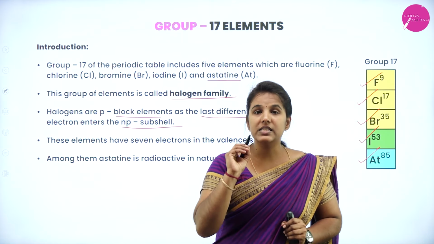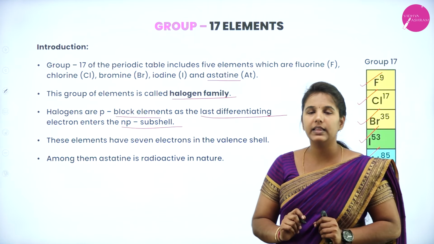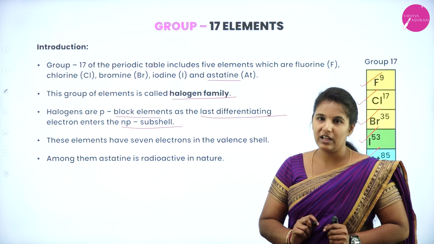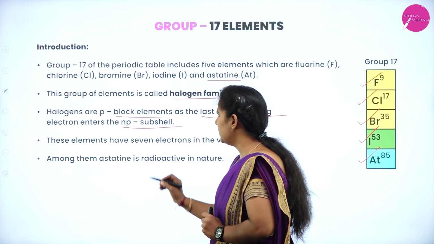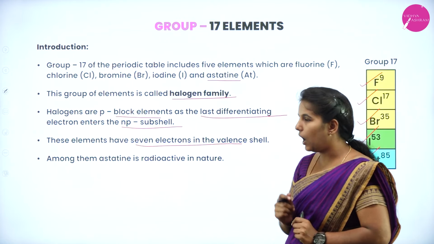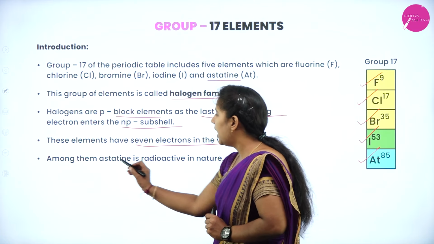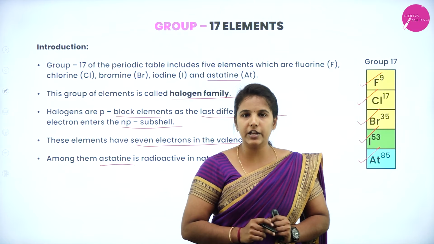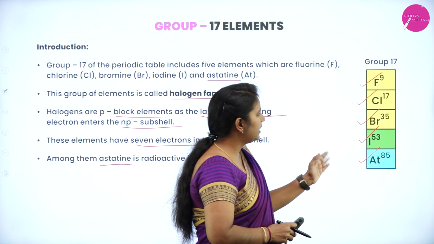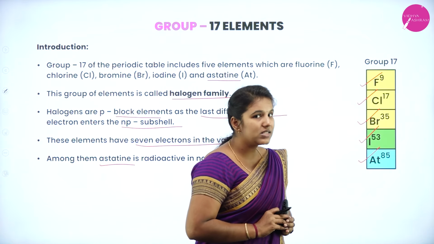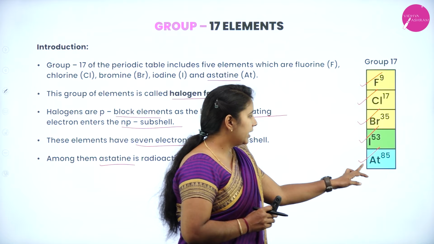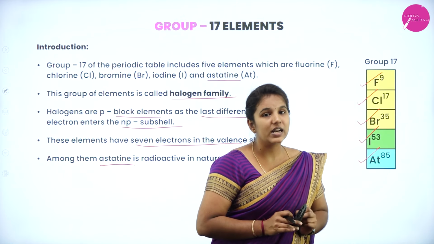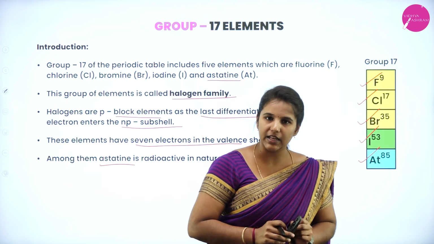And there are 7 electrons in the outermost shell. Okay, and these elements have 7 electrons in their outermost shell. Among them, astatine is radioactive. If you see the 5 elements, the last element in this group, that is astatine, is radioactive in nature.